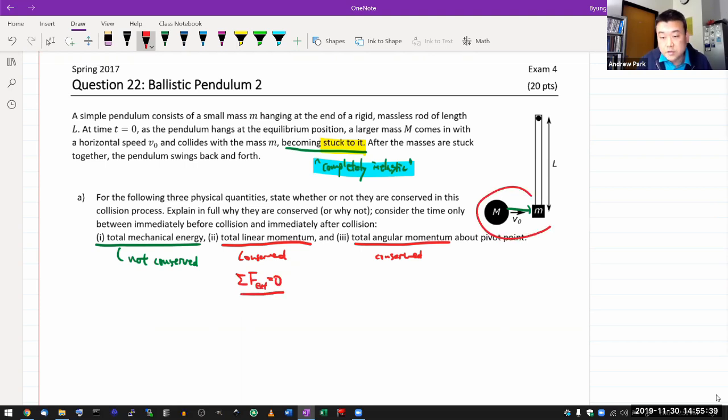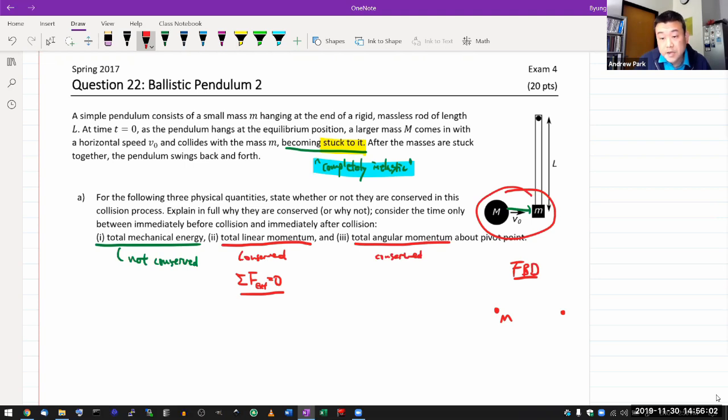When you look at this collision process through the free body diagram of these two masses, by the way, I'm going to say gravity is negligible, because I'm looking at the short duration, and the impact force will be much greater than gravity. So I'm going to say gravity is negligible.